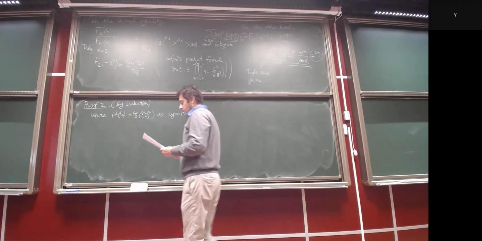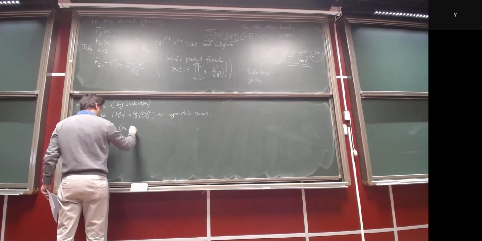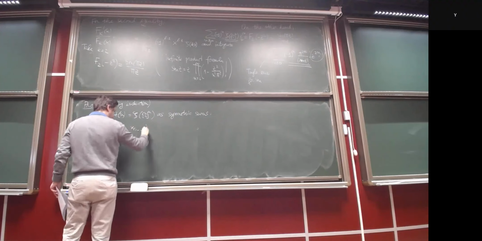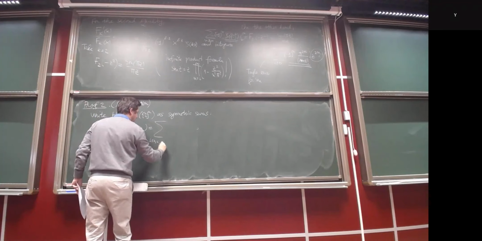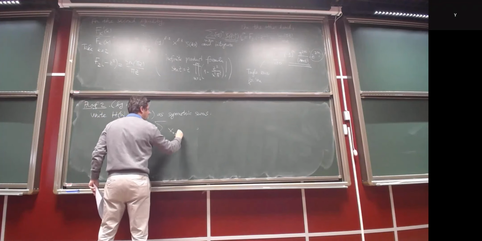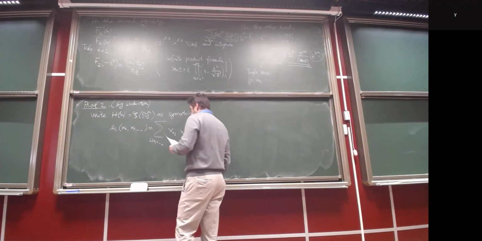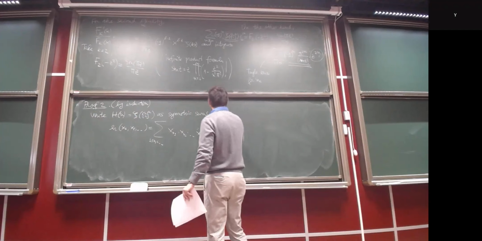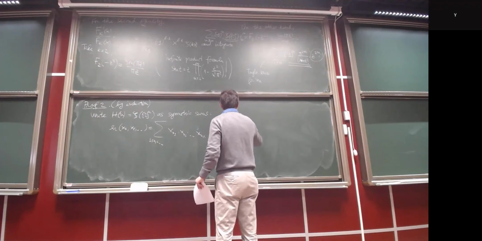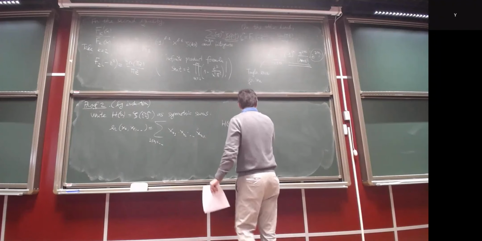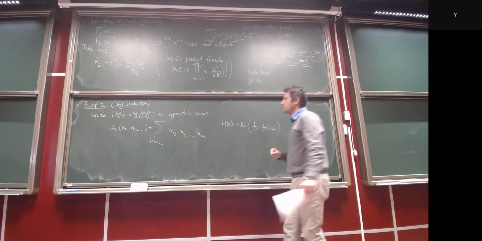So the way I'm going to write this: if we define the elementary symmetric sum of x_1, x_2, and so on, the sum of x_{n1}, x_{n2}, ..., x_{nr}, then h_n will be nothing else than just e_r of 1 over 1 squared, 1 over 2 squared, and so on.